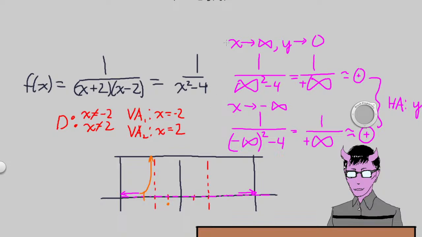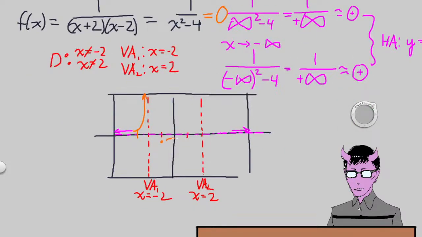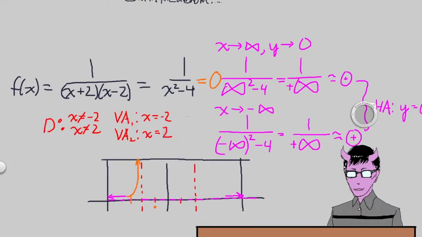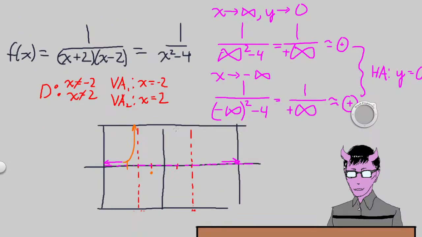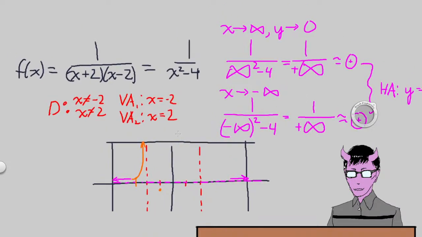We don't have that situation. It's impossible. So if we try to find a y-intercept by setting the y value equal to 0, we don't have a solution. Wait, that's weird. Did I goof something up? Let me ponder that for a moment. Oh, that's okay.